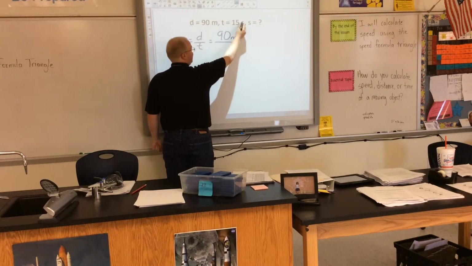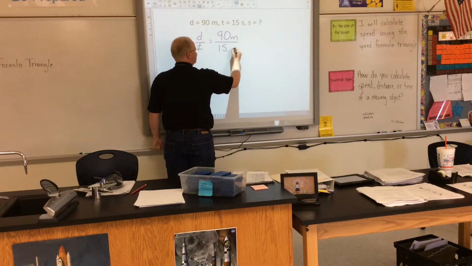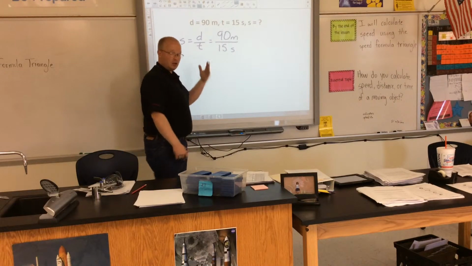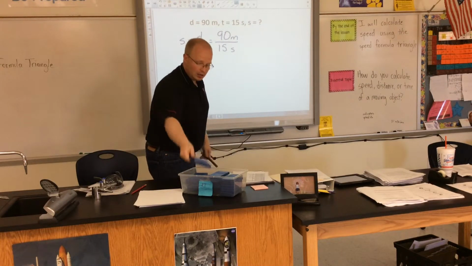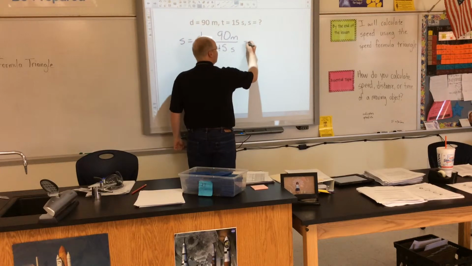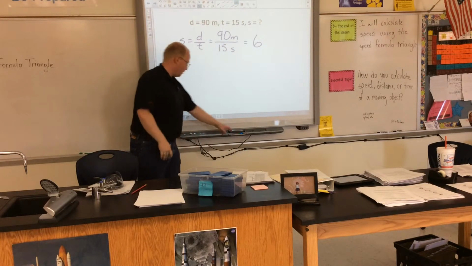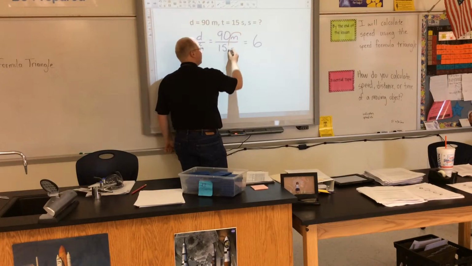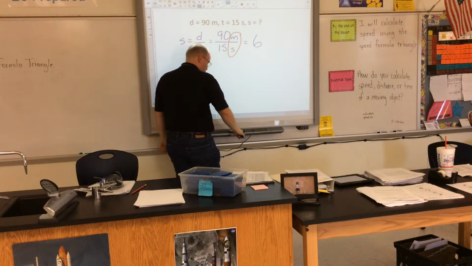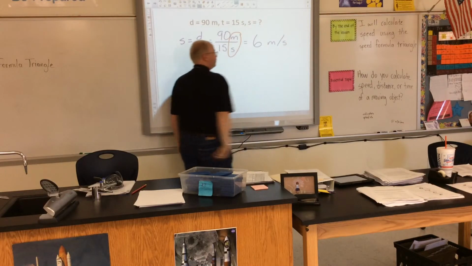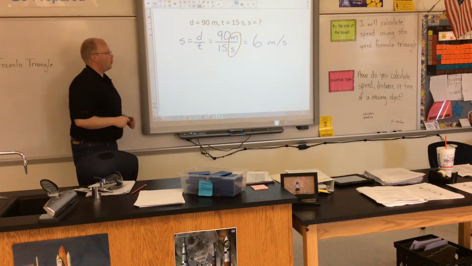My time is 15s, or 15 seconds. And when I do the math, 90 divided by 15, you use a calculator if you absolutely must. So 90 divided by 15 equals 6. 6 what? 6 meters over seconds, or meters per, because we divided, second. So it was easy peasy, right?